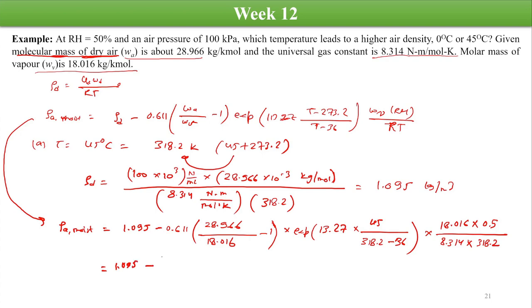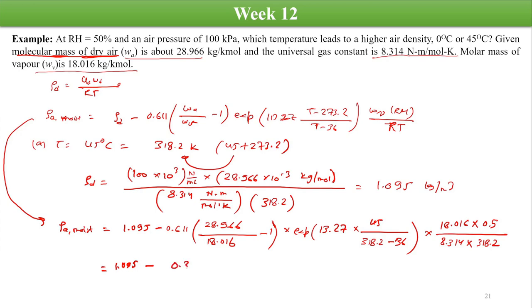So now we need to calculate this value, and how can we do that? 1.095 minus the first term 0.611 multiplies 28.966 divided by 18.016 minus 1.